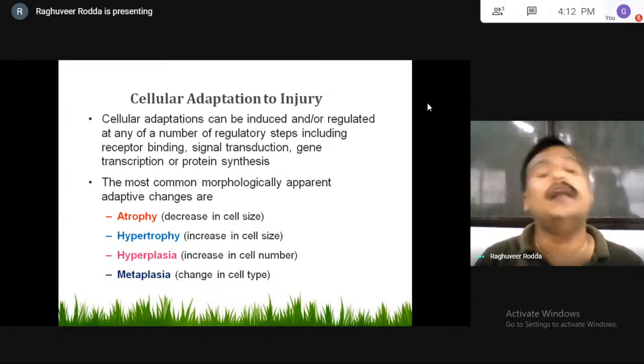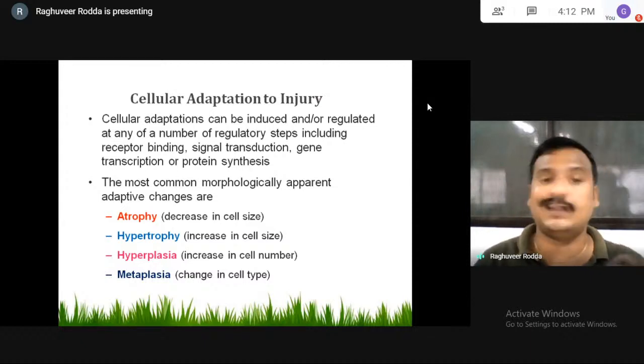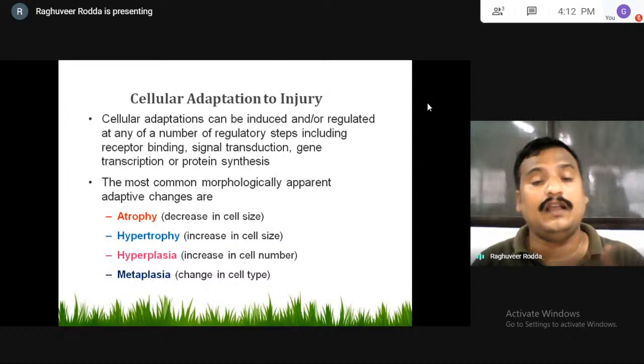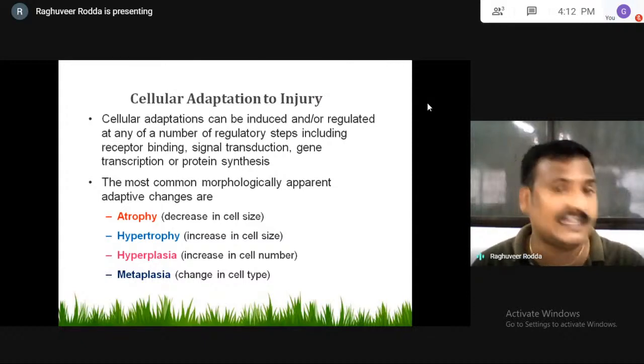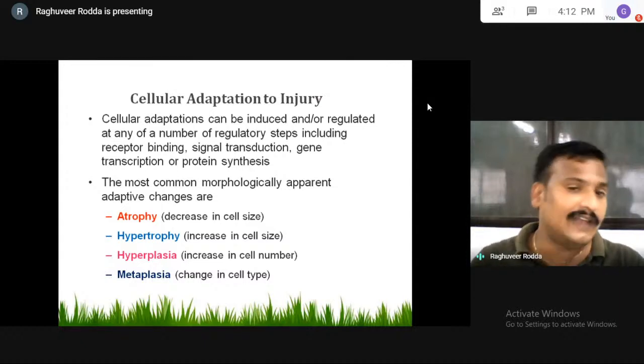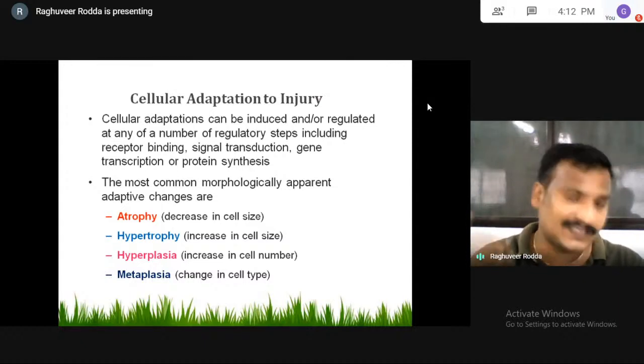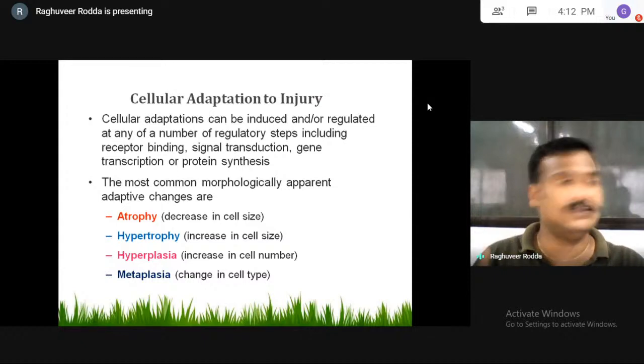but the common adaptations which are generally observed by simple microscopic examination are the four important morphological types seen in the structural change of the cell or of the organ.